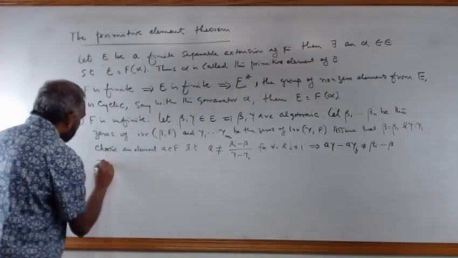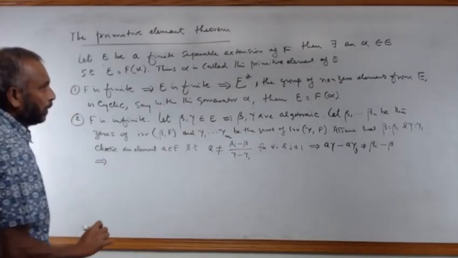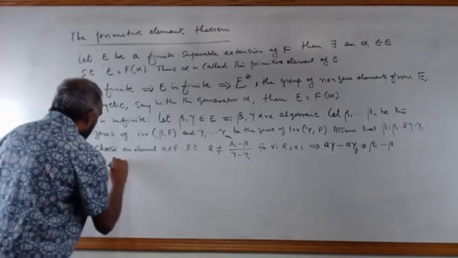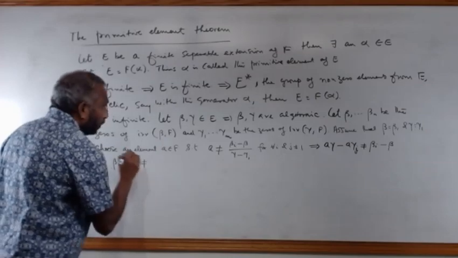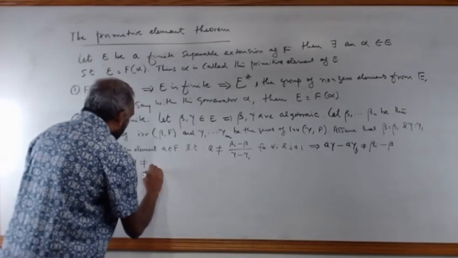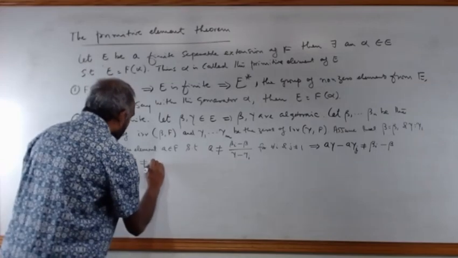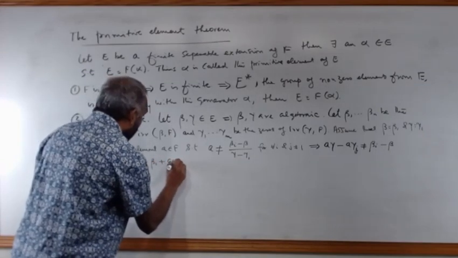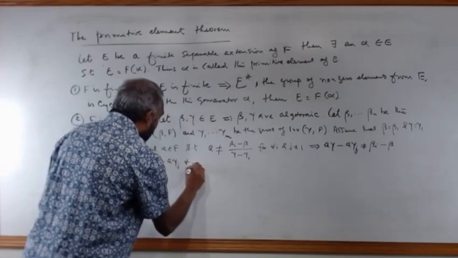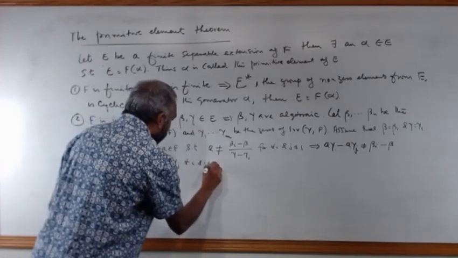And that implies beta plus A gamma is not equal to beta i plus A gamma j for all i and for all j not equal to 1.